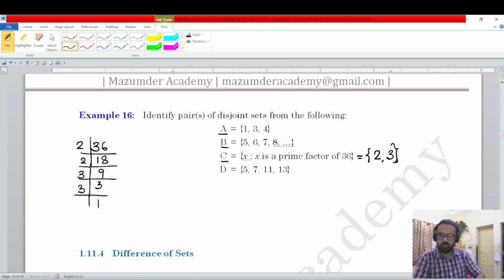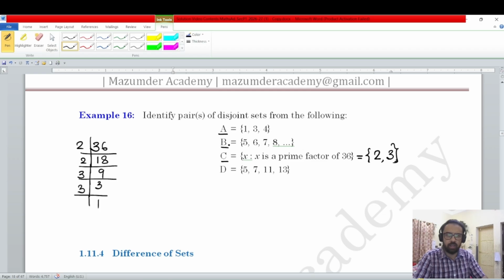So what are the prime factors? 2 and 3. Therefore the prime factorization of 36 is 2 times 2 times 3 times 3. So the prime factors are only 2 and 3. Now let us check what the disjoint sets are.